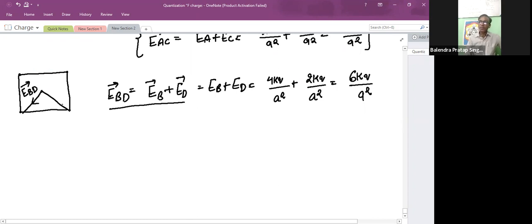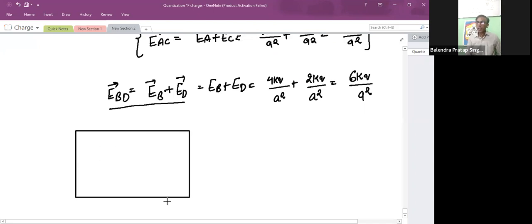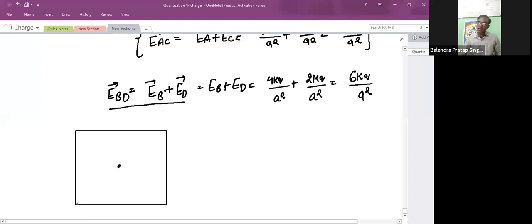Let me draw the diagram in a clearer way so that you can get it. This is our problem. We have a square and we have two fields. This is our center. One field is in this direction, and this field is E of BD vector.